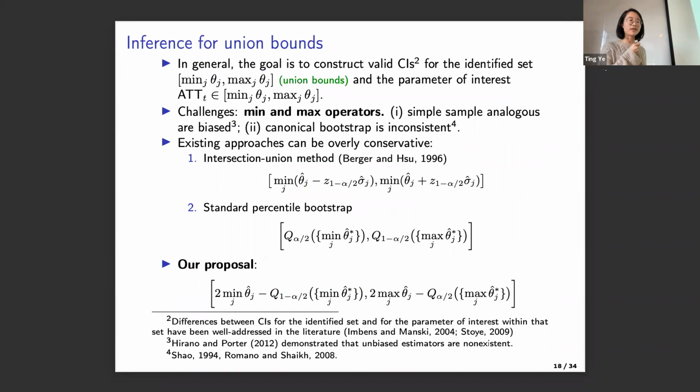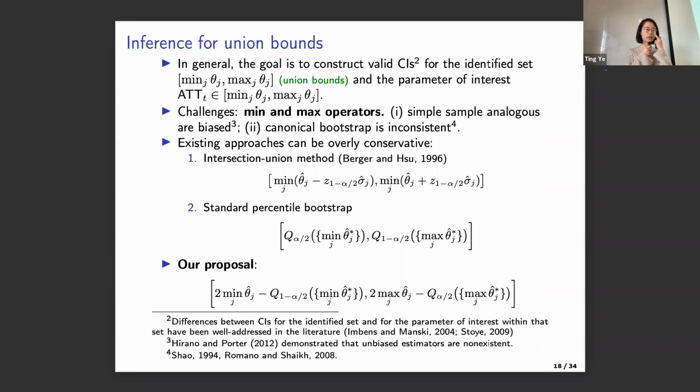So, thanks for the question. Basically, this is the statistical problem that I want to bring to your attention: it's the minimum of a bunch of parameters, and you might have regular estimators for each of these parameters. But essentially, your parameter of interest is the minimum and the maximum of theta j. There are two common existing approaches which can be overly conservative.